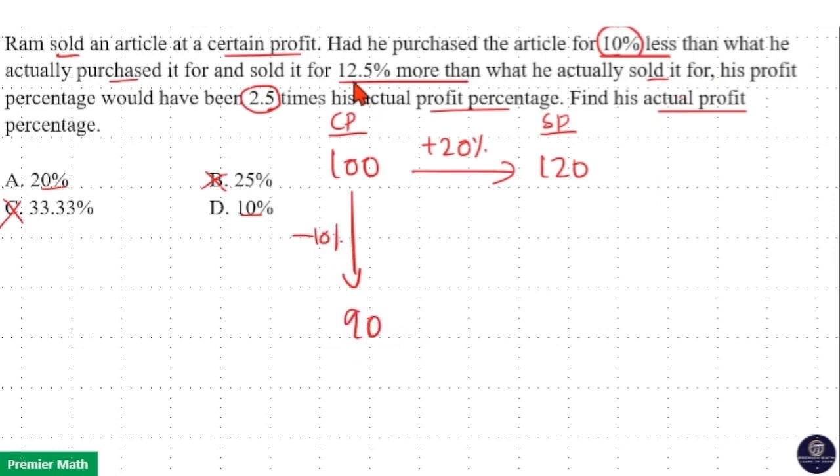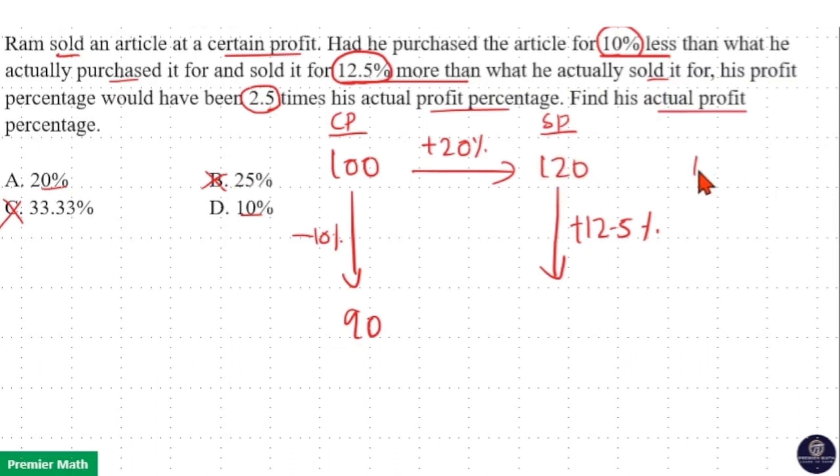And if he sells it for 12.5% more than the original selling price. Here the original selling price is 120. If he sells it for 12.5% more, then 100% of 120 is 120 and 10% of 120 is 12.